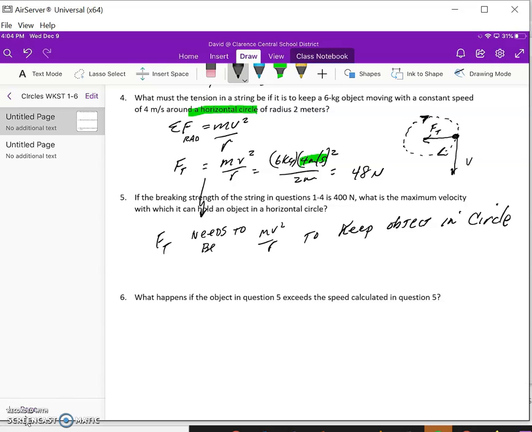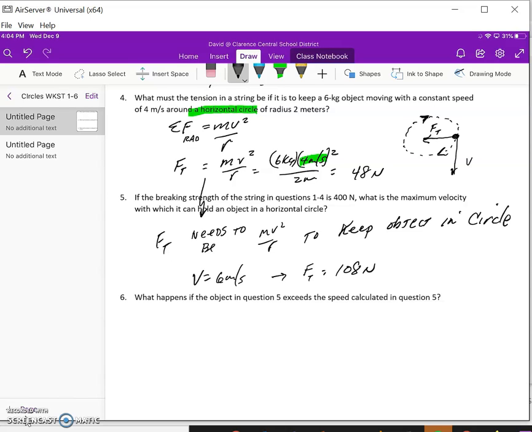So in the case of question number 4, I'm sorry, when v equaled 6 meters per second, the tension force needed was 108 newtons.